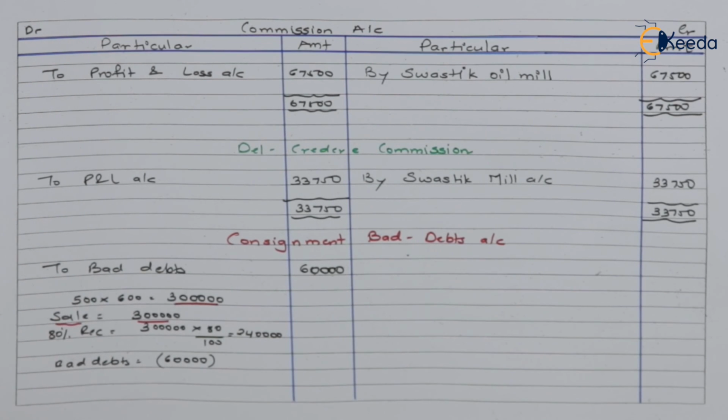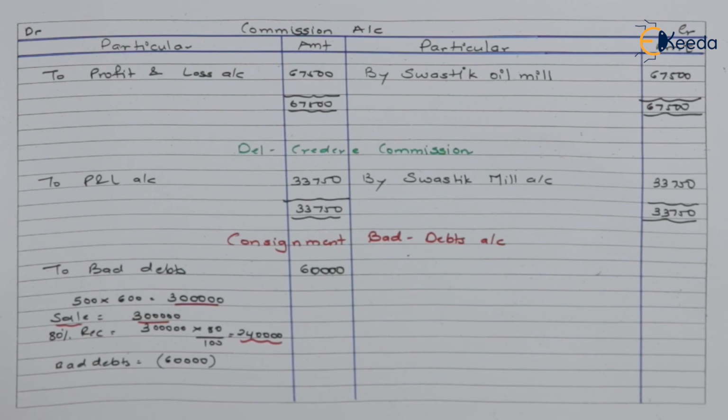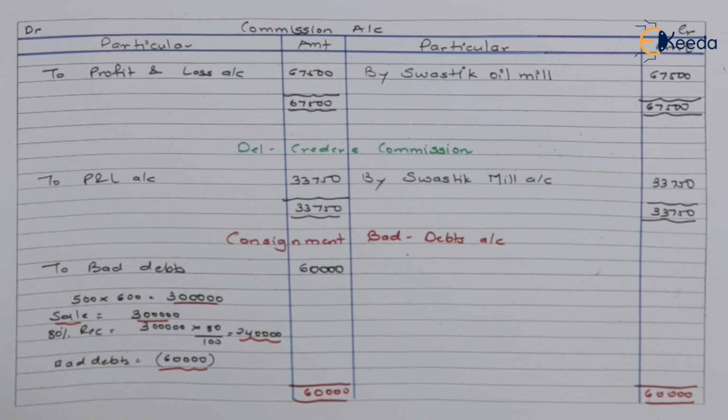Sale value was 3 lakh, out of which 80% could be recovered, that is 2 lakh 40,000. And 60,000, that is the balance bad debts, couldn't be recovered, hence it has been mentioned in the outer column. Now this will be transferred to the profit and loss account. So accordingly, it has been mentioned here.